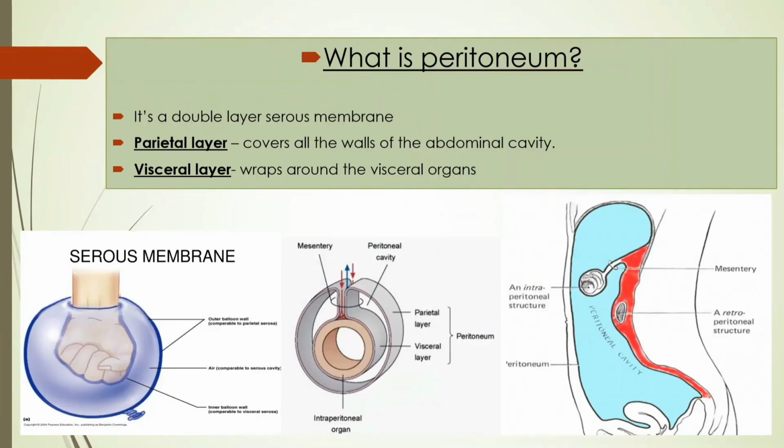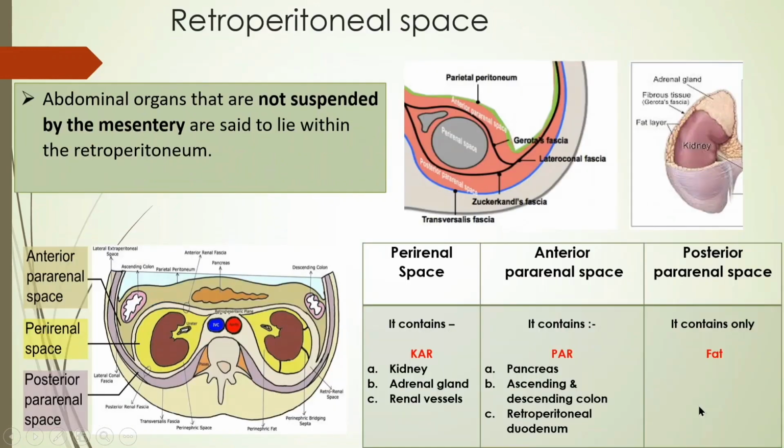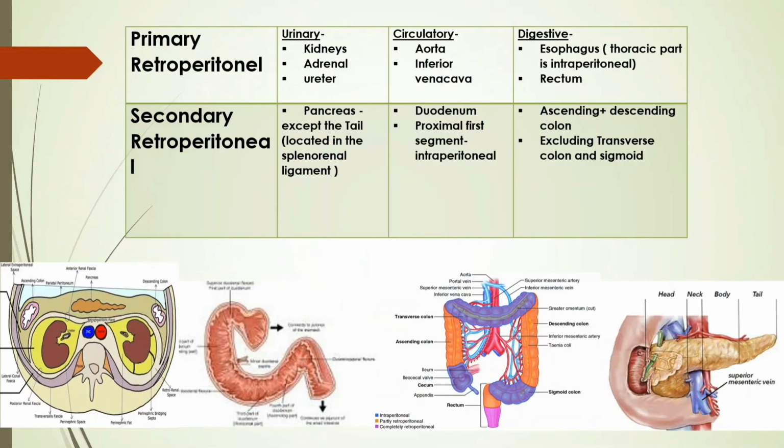If you're still confused, I can show you here. Organs that are present here are called retroperitoneal, and the organs that are present below the peritoneum are called subperitoneal.